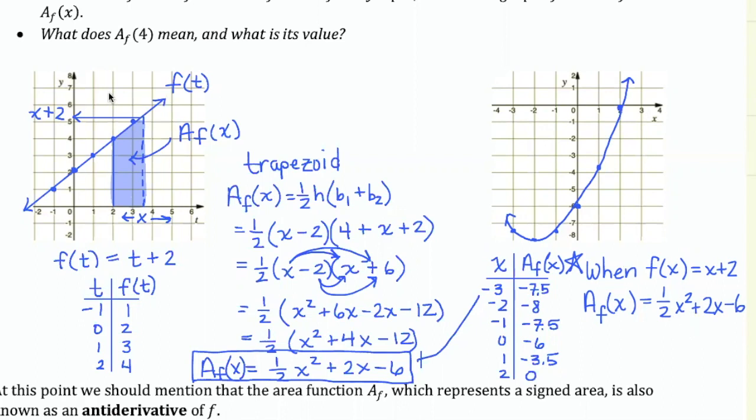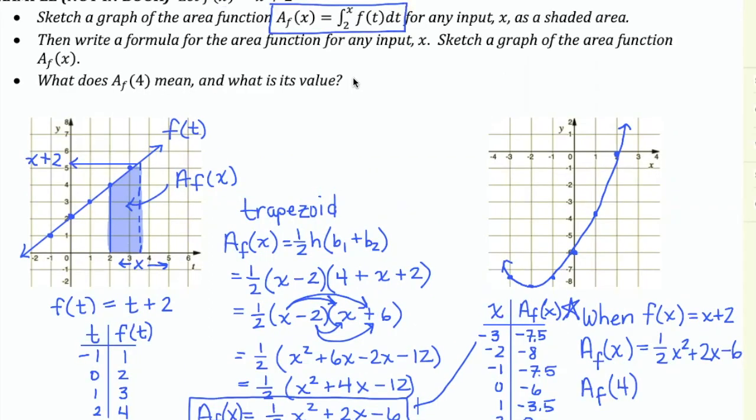So the last thing that I'm asked here is, what does A sub f of 4 mean and what's its value? So I'm going to put in a 4 here. Remember your original definition of your area function. So I'm being asked, what is A sub f of 4?